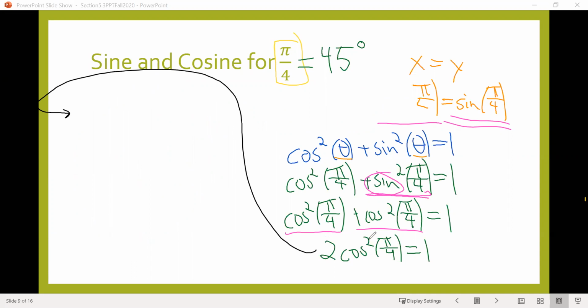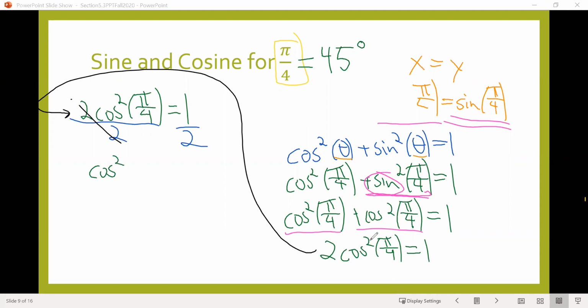So we've got 2 times cosine squared of pi over 4 equals 1. To solve for cosine, we'll start by dividing both sides by 2. So the 2's cancel here. Now we have cosine squared of pi over 4 equals 1/2.